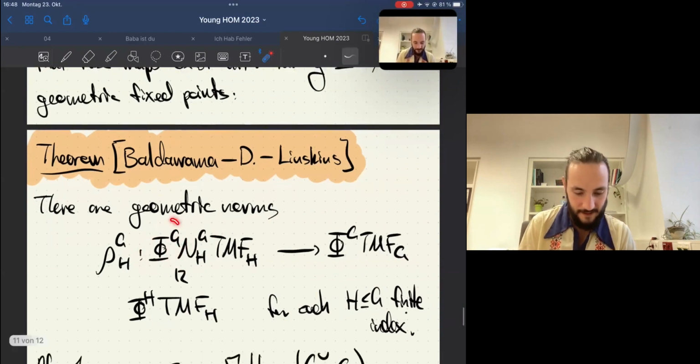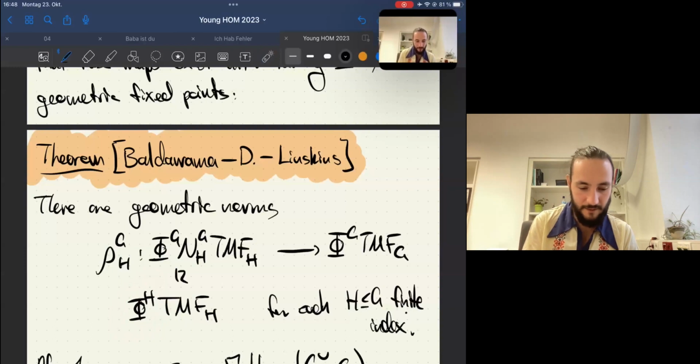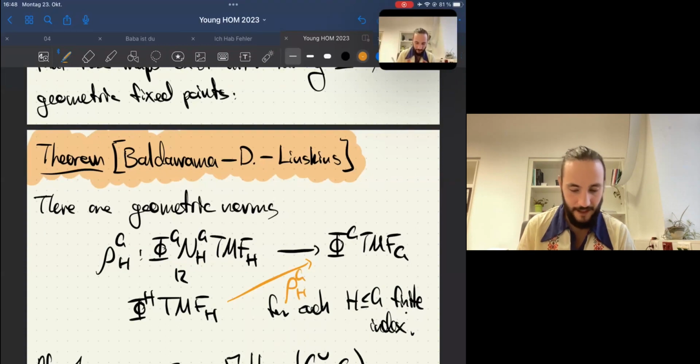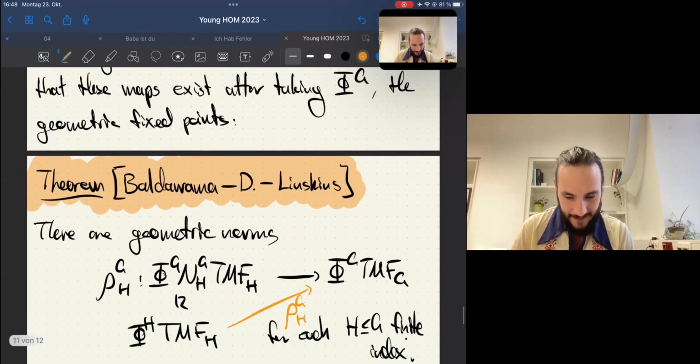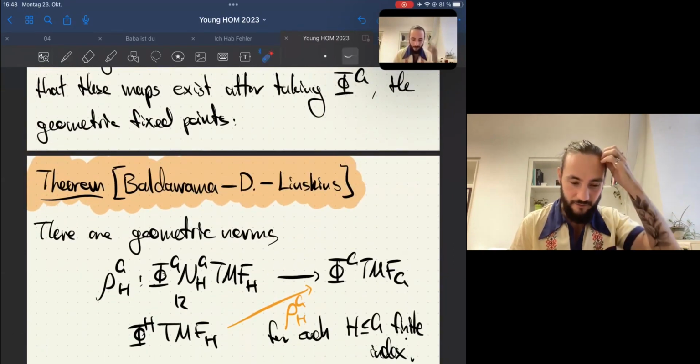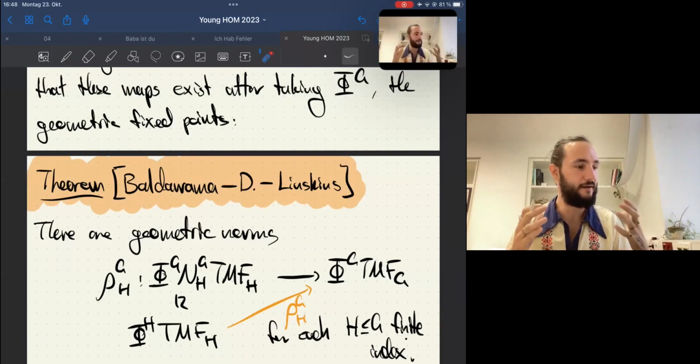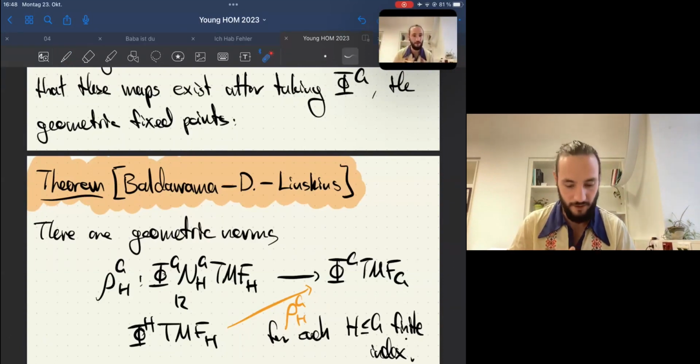And if you use this canonical isomorphism between the geometric fixed points of a norm and the geometric fixed points of the subgroup, what we're really doing is constructing a whole bunch of maps like this, which we call geometric norms. This should be part of a sort of higher equivariant multiplicative structure on these cohomology theories.